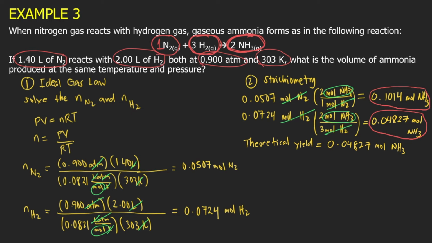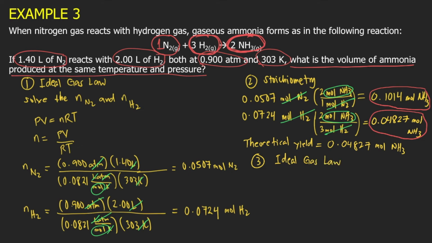And finally, step 3, if you read the question, it is asking, what is the volume of ammonia produced at the same temperature and pressure? So it's asking for volume, so we will again use the ideal gas equation, or the ideal gas law.